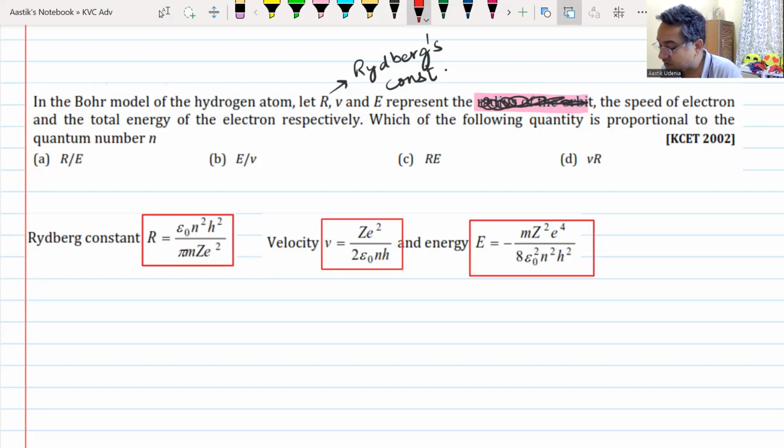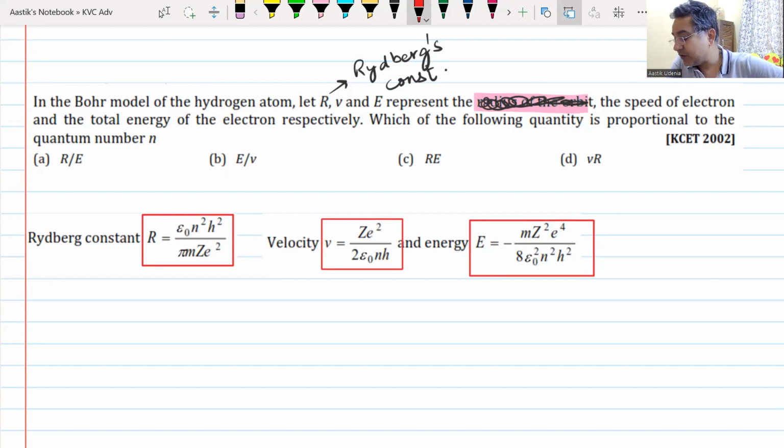What is proportional to n? You have to remember what is proportional to what. I had given you. You cannot remember all these things because dimensionally you will have to find them out.